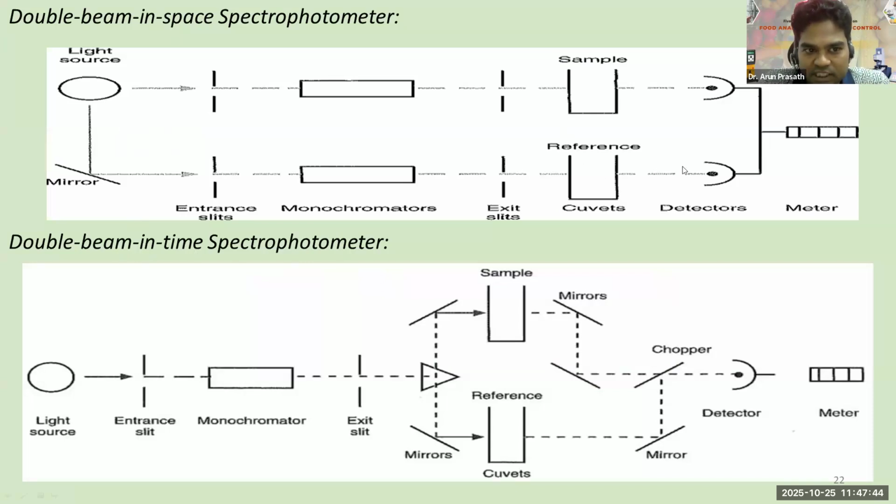This is the double beam in space spectrophotometer. In the double beam in time, the light, after being separated into monochromatic light, is split into two, one taken to the sample and the other to the reference, and a detector combines both the incoming lights for detection.